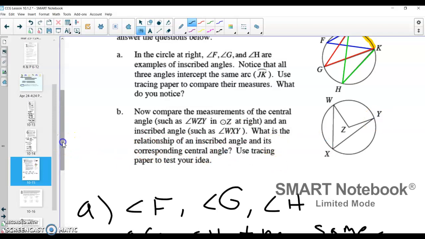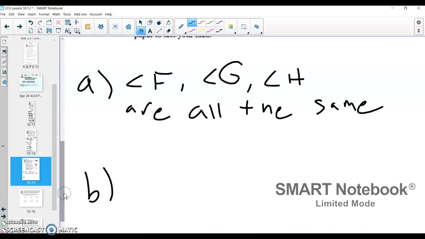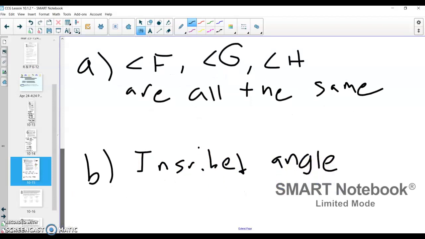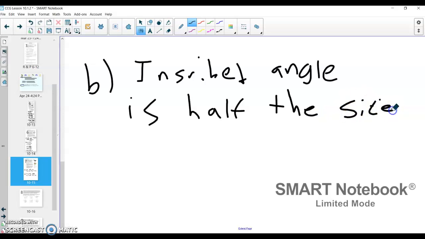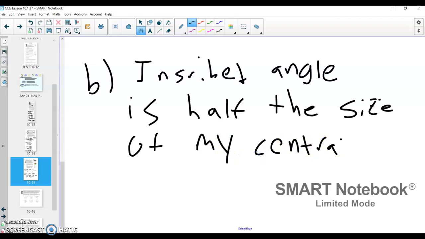And this one here is that the inscribed angle, and my handwriting's terrible when I actually have to spell words, my inscribed angle is half the size of my central angle. Two really big things here.